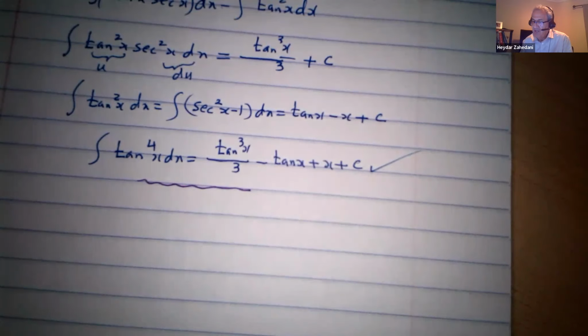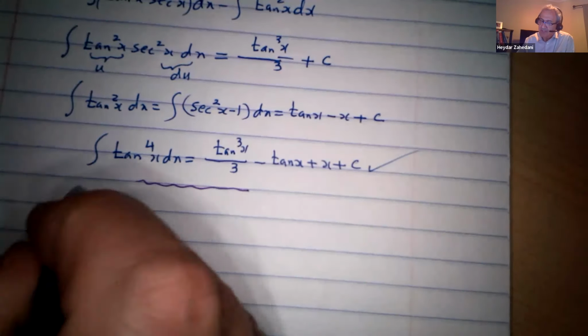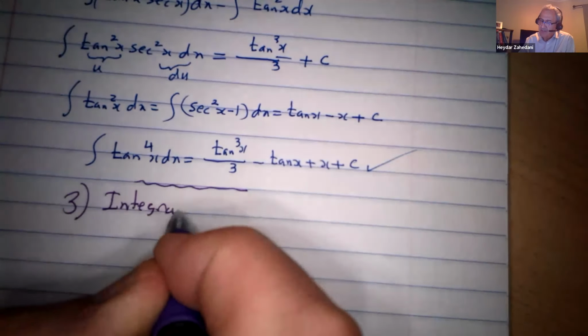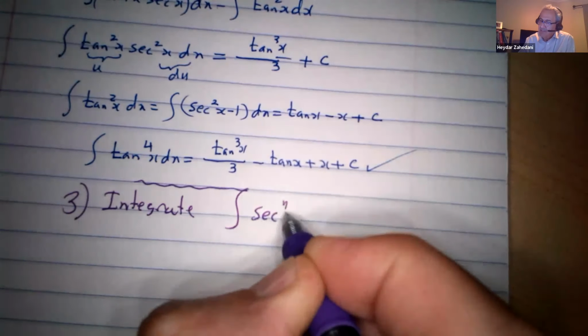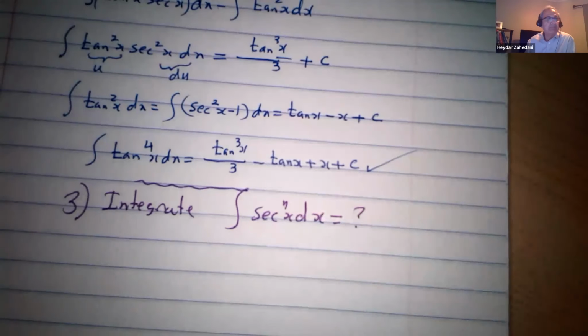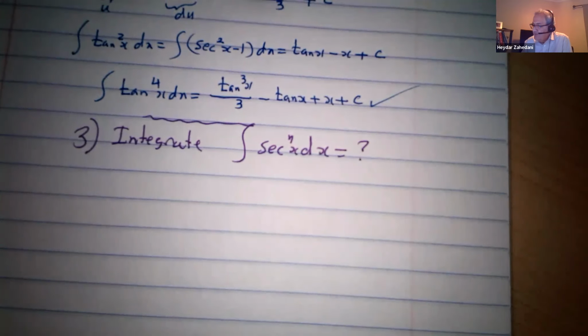So that was part 2, this is part 3. You want to integrate power of a secant. Secant is tricky. It's not like tangent. You have to divide in two parts, even power and the odd power. Okay, so let's see what will happen.